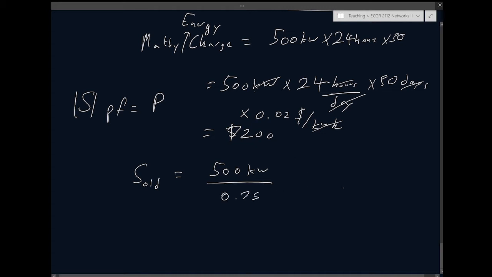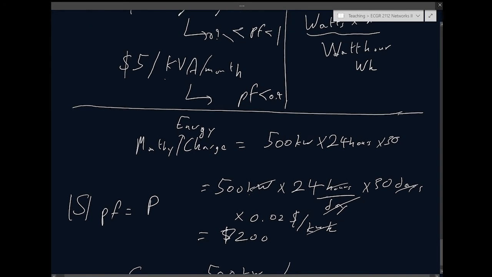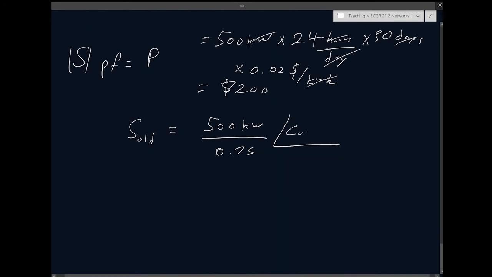And what is the angle? The angle is just the power factor angle, right? Which is cosine inverse 0.75. Right? And then we can calculate this. This ends up being 666.67, and the cosine inverse of this is 41.41 degrees.